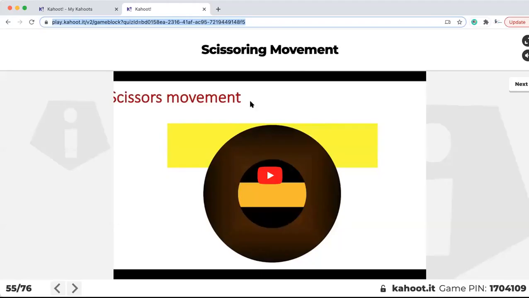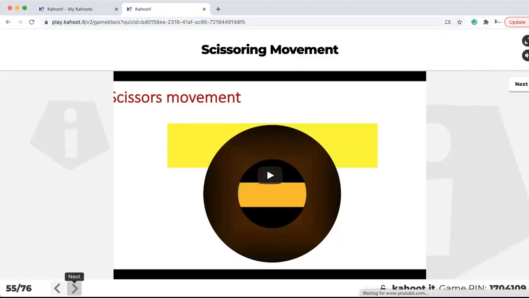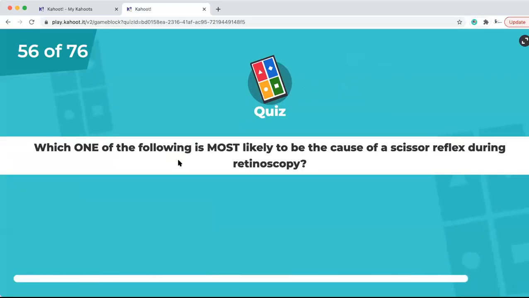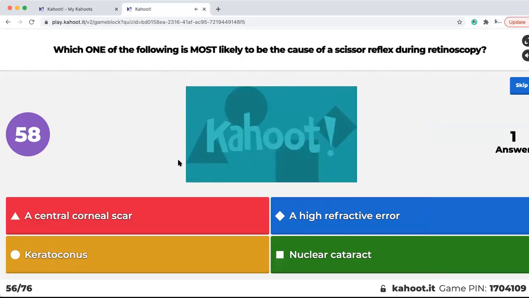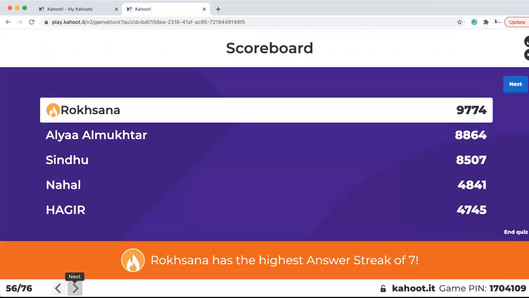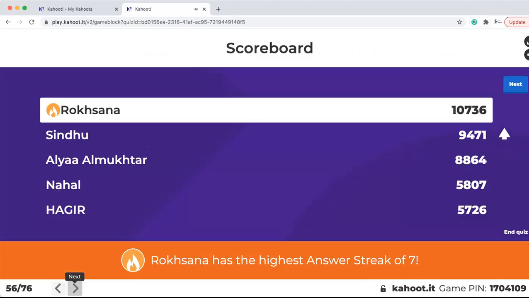Keratoconus. Yes, exactly. So I guess now you know the answer for this question. Keratoconus, exactly, it will cause scissoring movement during the retinoscopy. This is the correct answer.